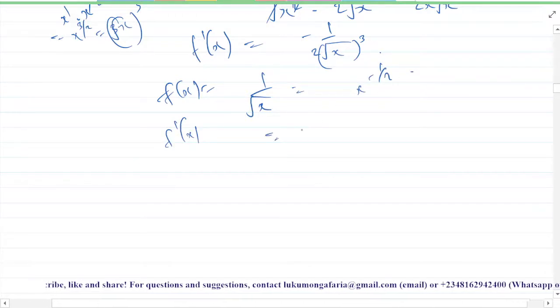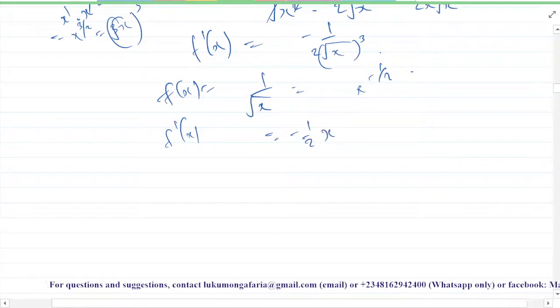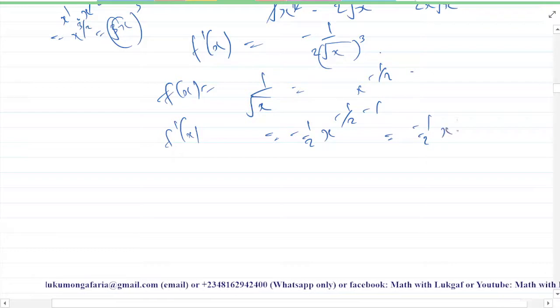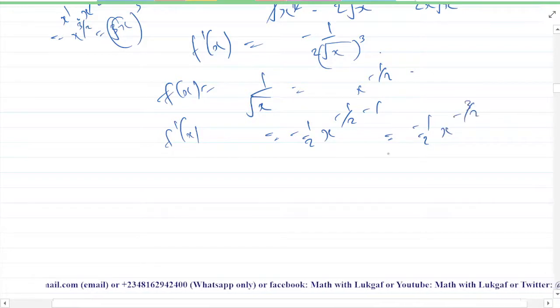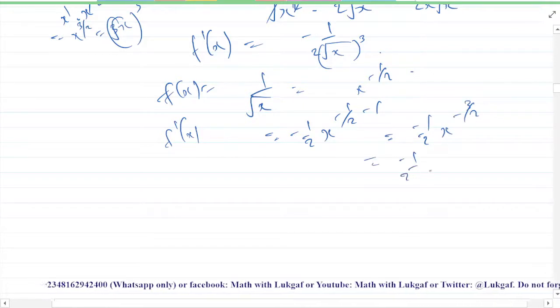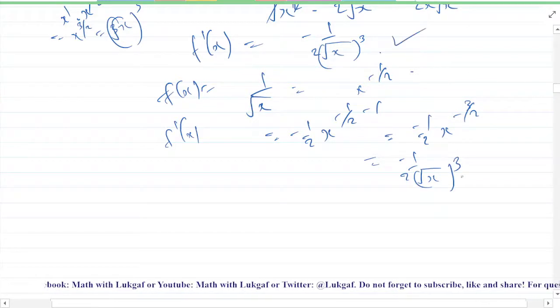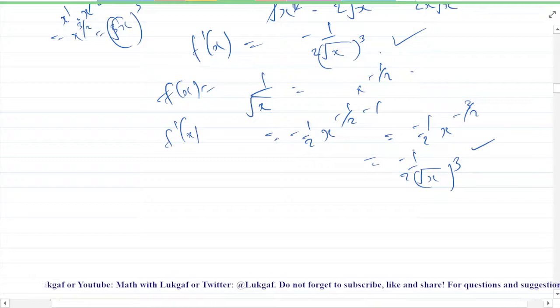So that will give you minus half x raised power minus half minus 1. That's minus half x raised power minus 3 divided by 2, minus 1 divided by 2 square root of x everything raised by 3, which is the same thing as what we obtained here. So that's how you are going to find the derivative of a function from the first principle.